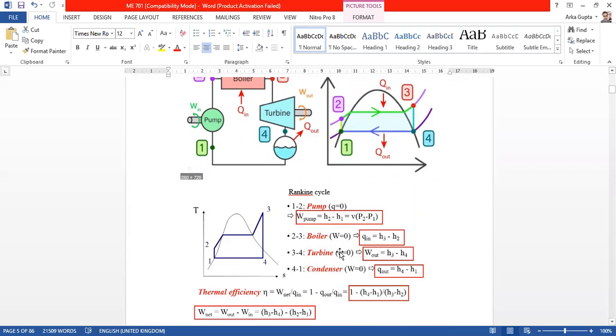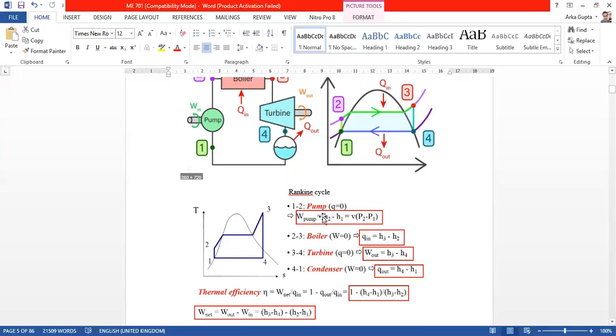The first process is 1 to 2 in the pump, where Q is 0. Heat input or output in the pump is taken as negligible or 0. So in the pump, if we apply the steady flow energy equation, it will be hf1, the enthalpy of the feed water. hf is the specific enthalpy of the saturated liquid. hf1 equals hf2 minus Wp, or Wp is equal to hf2 minus hf1.